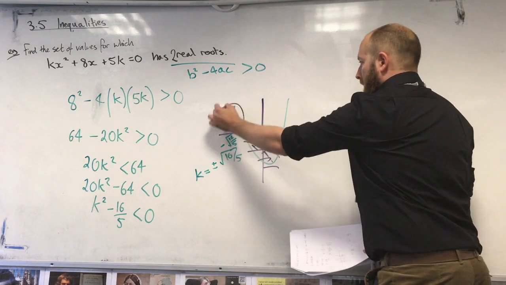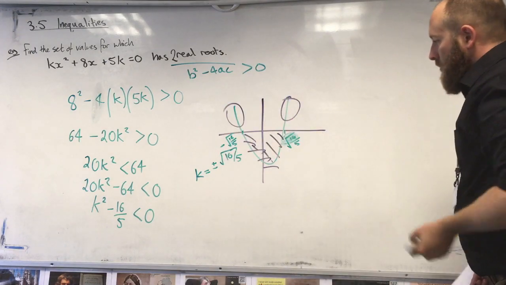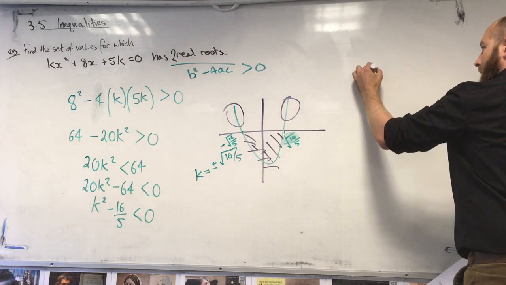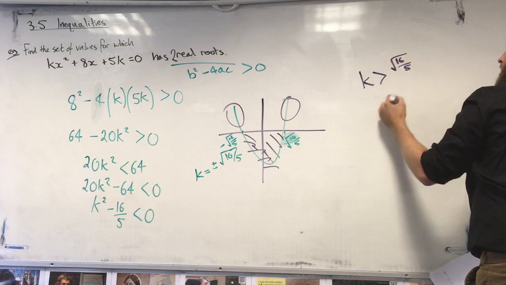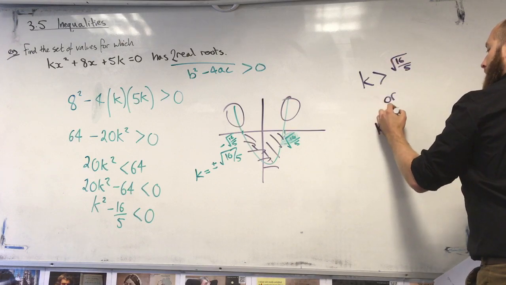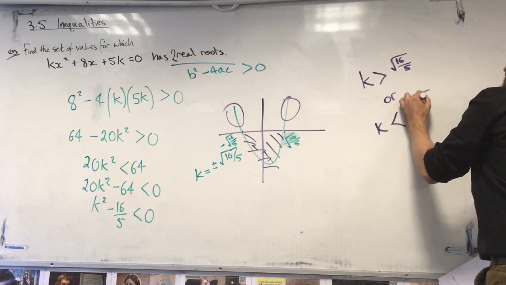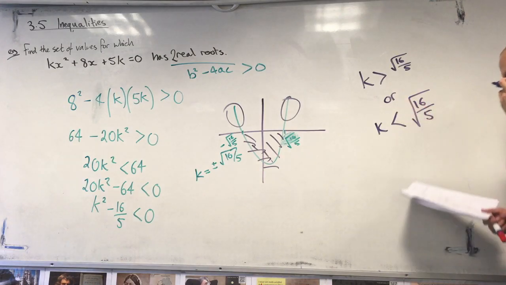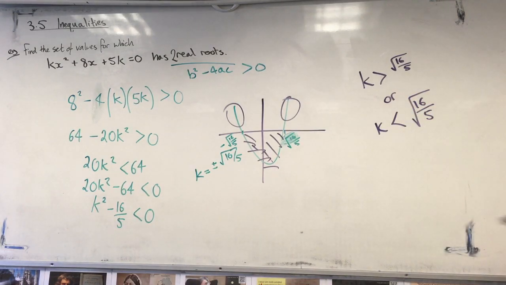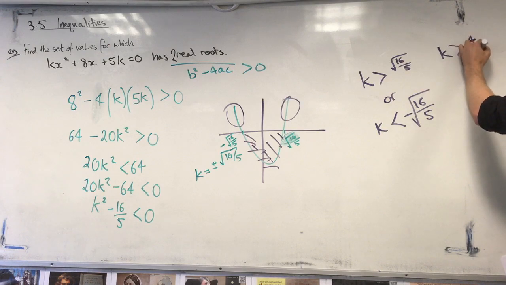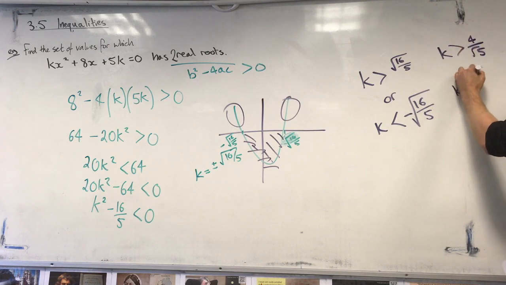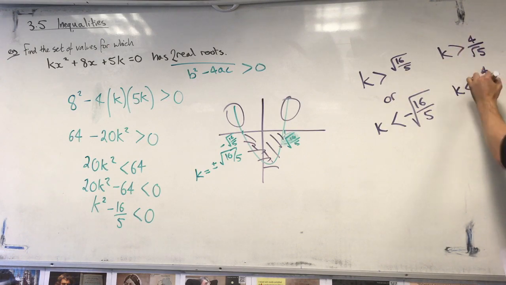We care about this bit and this bit. So our solutions are going to be k is greater than root 16 over 5, or k is less than minus root 16 over 5. Because of surds, we could simplify that, so we find k is greater than 4 over root 5, or k is less than minus 4 over root 5.